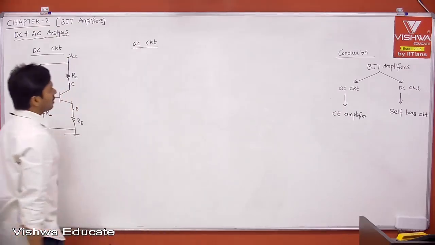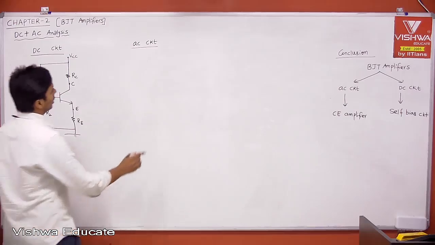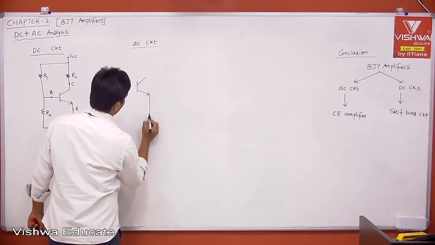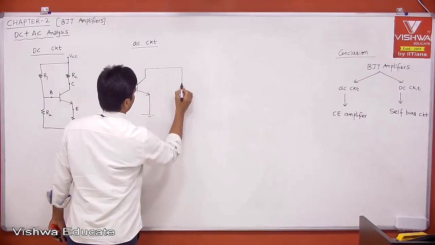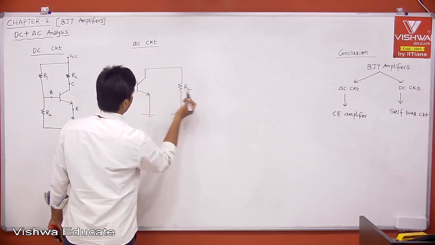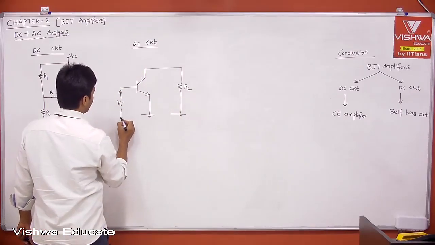From DC analysis, we want self-bias circuit. From AC analysis, what do you need? For AC signals, I want common emitter configuration. This is my load, let us say RL, and this is my input voltage, Vi.